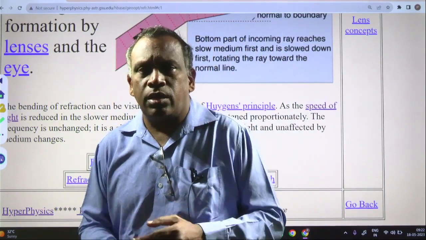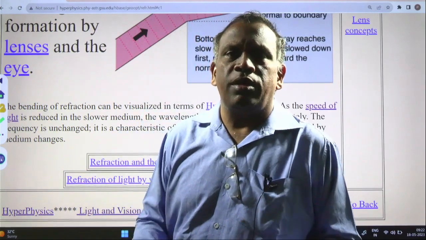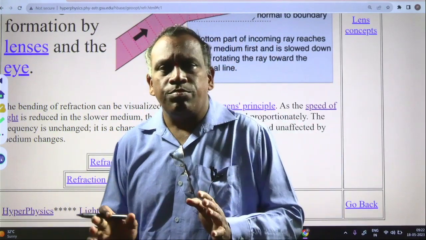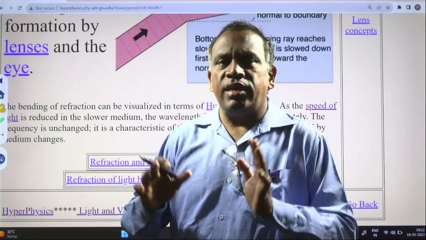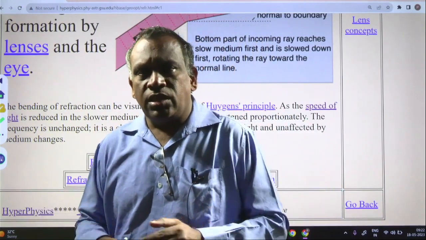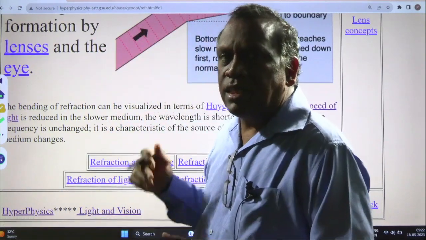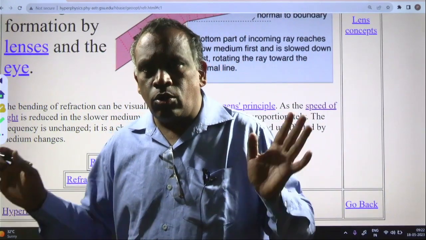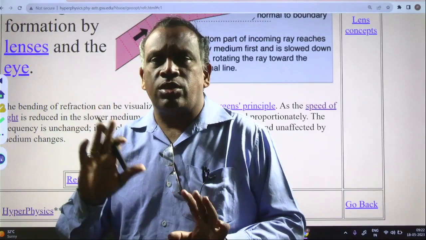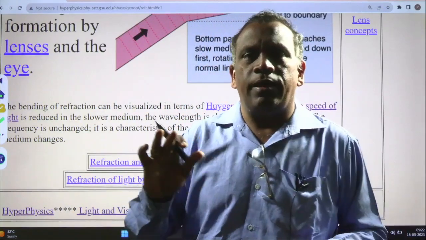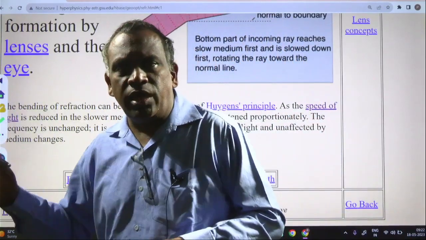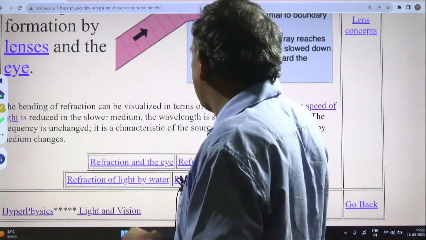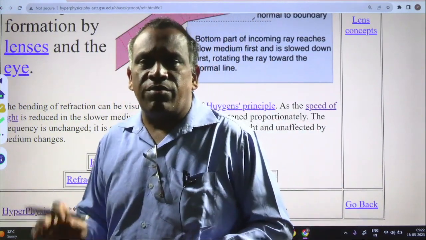The wave travels uniformly in different directions. Light is emitted from the source and spreads uniformly all around the source, and it propagates like a wave.